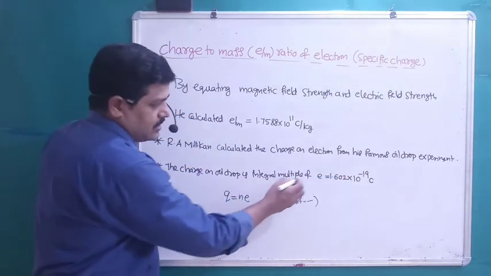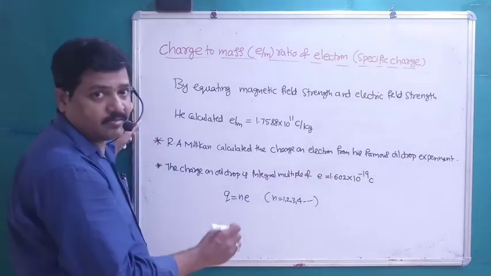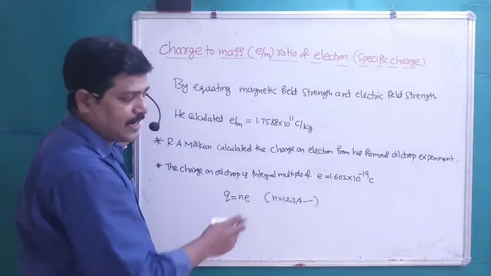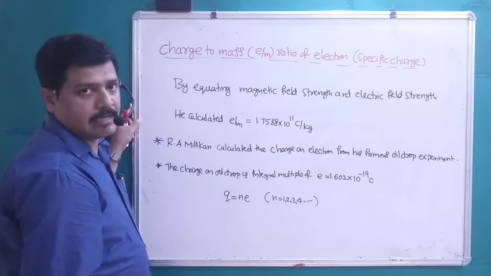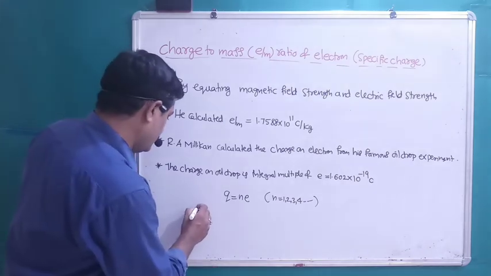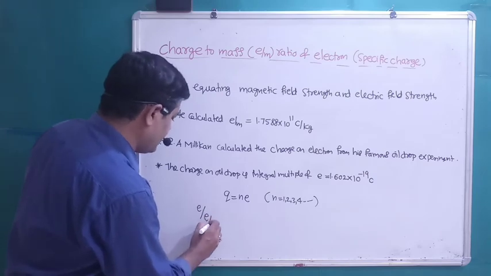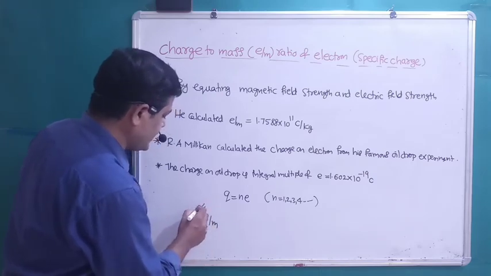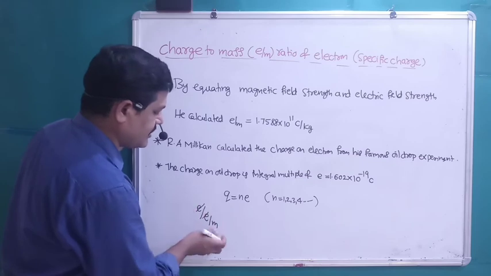Generally the relative charge for the electron we take as minus 1.602 into 10 power minus 19. If you take the e by m value, then from e by m the e gets cancelled and we get the mass of electron.